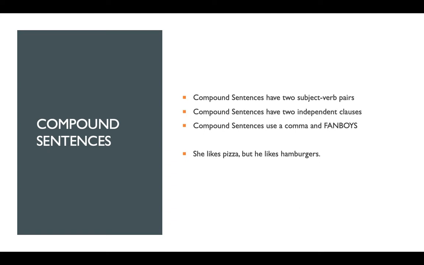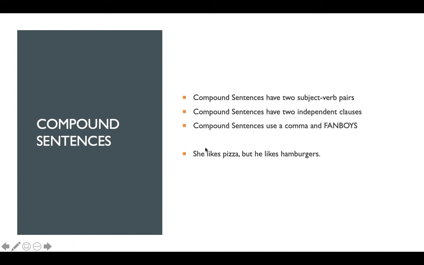Next, let's talk about compound sentences. Compound sentences have two subject and verb pairs. In other words, they are two independent clauses. Compound sentences use a comma and a FANBOYS. For example, she likes pizza, but he likes hamburgers. Notice how we have one subject, she, one verb, likes, and then a complete thought, pizza.